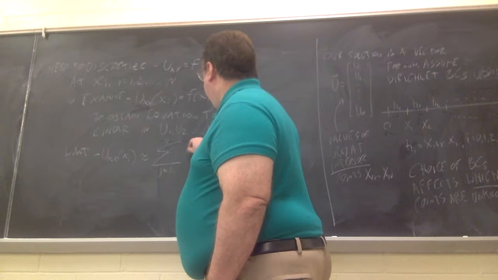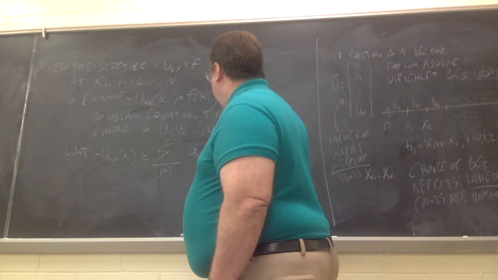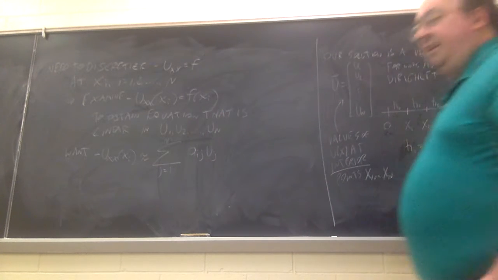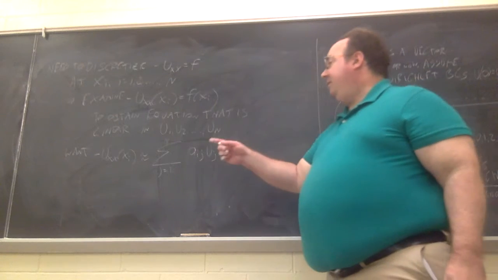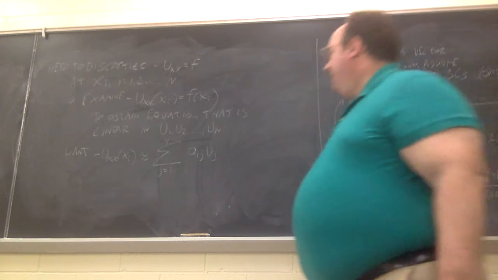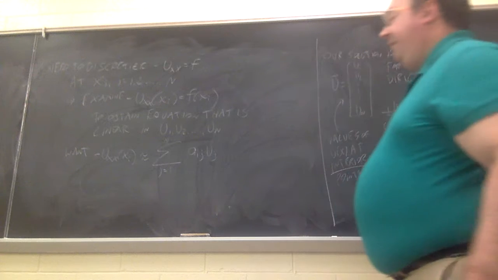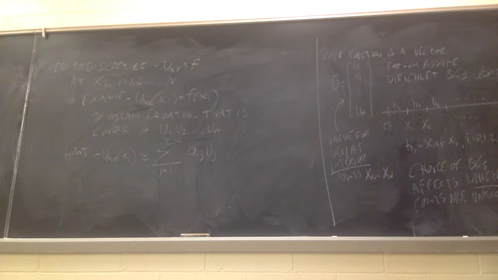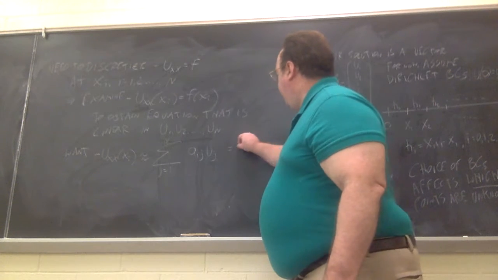So I have aij uj. So I'm saying that the second derivative at each point xi is approximately a linear combination of all the unknowns. And this has to be equal to fi.